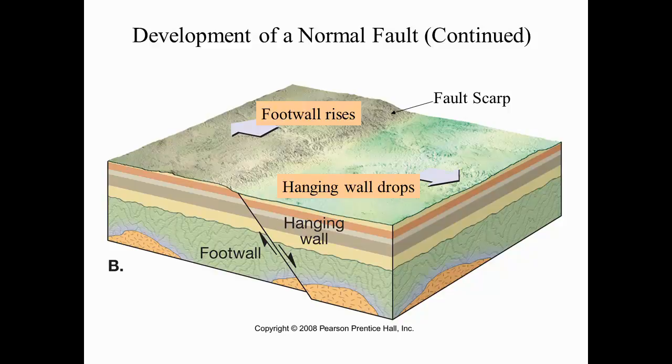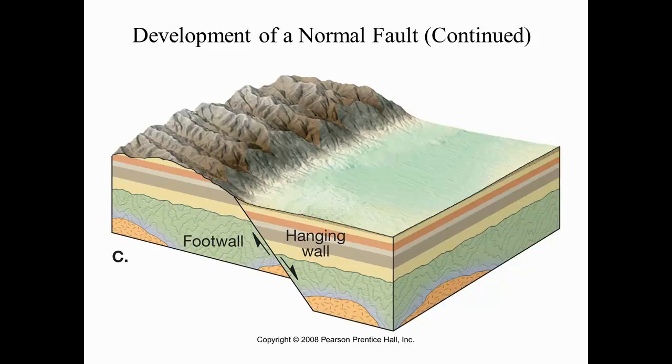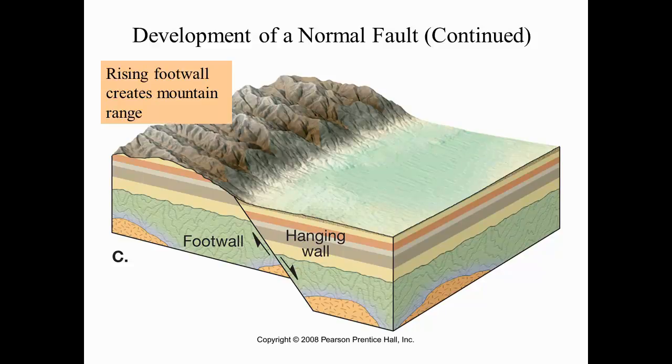Now, as tensional stresses continue to act over time, the footwall will rise, creating a mountain range, whereas the hanging wall will continue to drop, creating a valley.